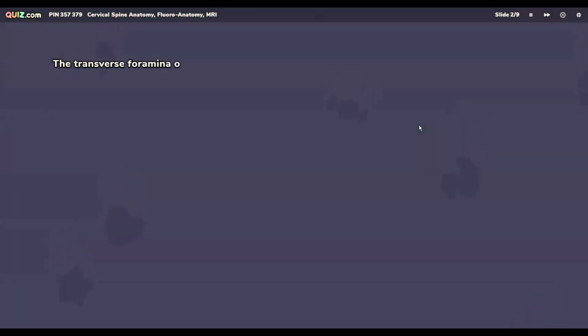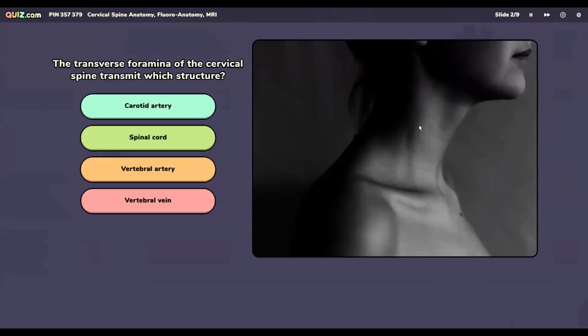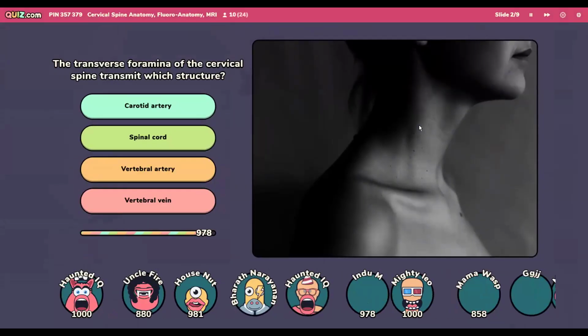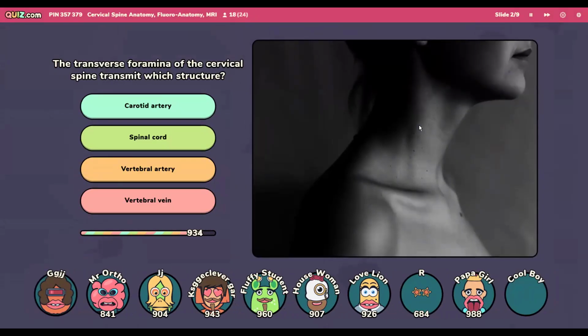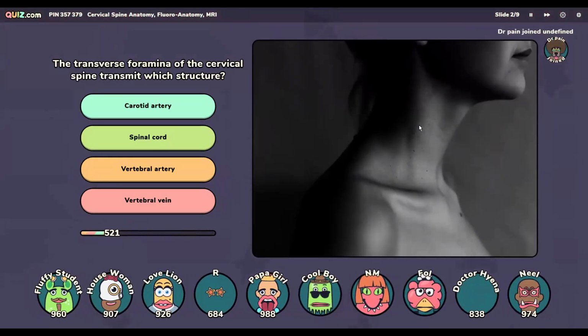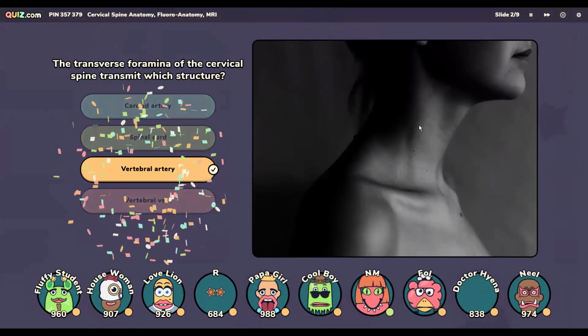The transverse foramina of the cervical spine transmit which structure? Vertebral artery.